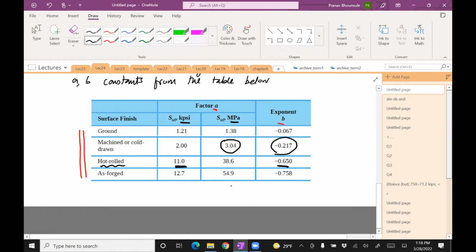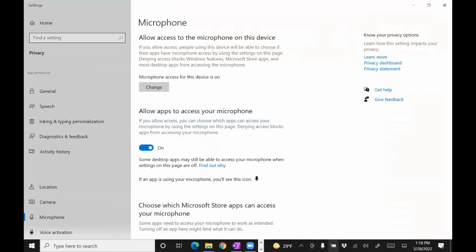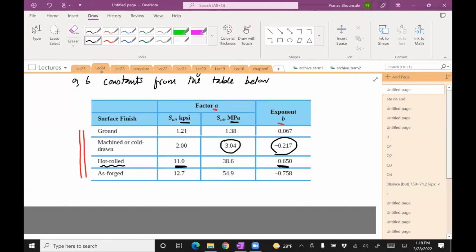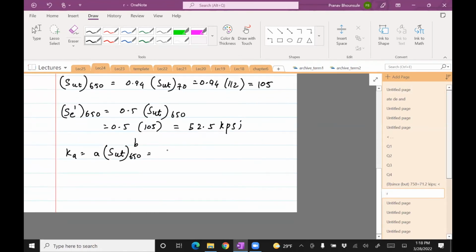So 11 for A and minus 0.65 for B. 52.5 to the power minus 0.65. Okay, I need to compute that. So 0.83.